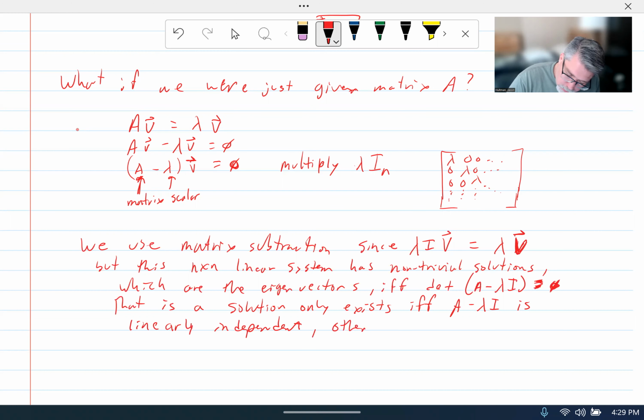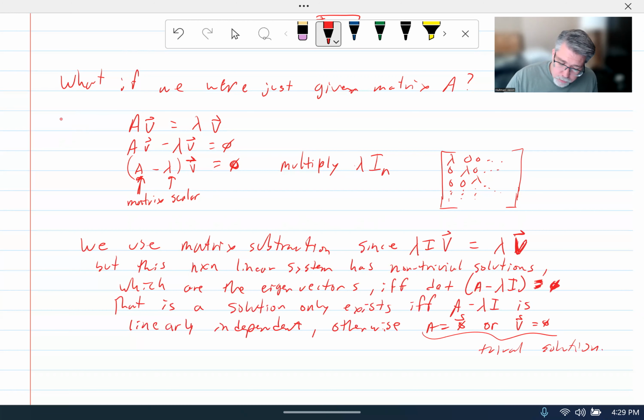Otherwise A would be equal to the 0 vector or V would be equal to the 0 vector, and that's a trivial solution.